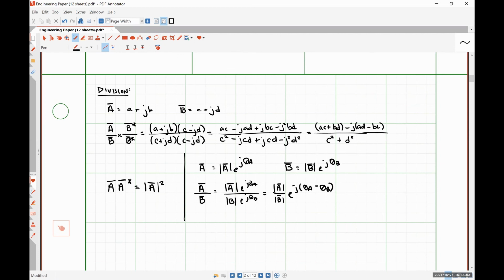So in polar form, division is really easy.